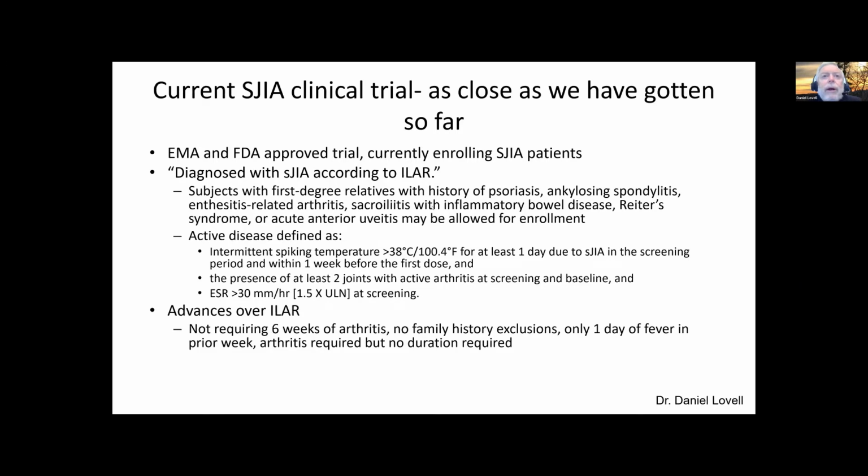So that's an integrated part of the ongoing effort for the revision of the ILAR criteria for systemic JIA and Still's disease. Thanks, Dan. Peter.